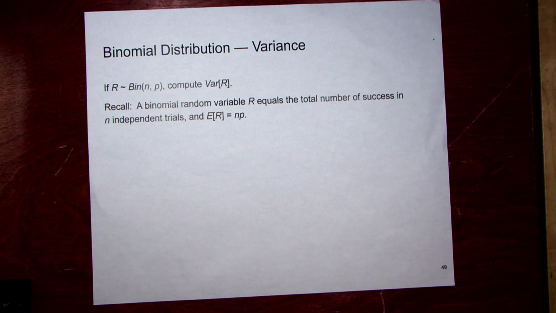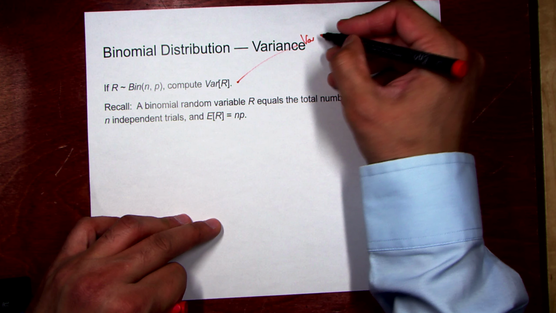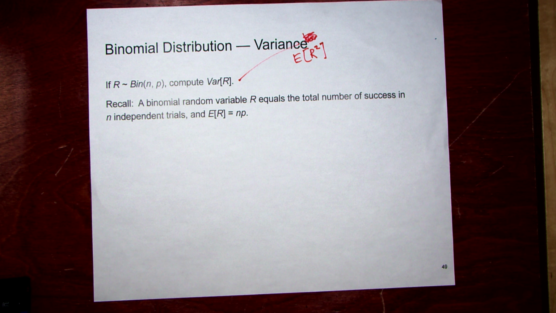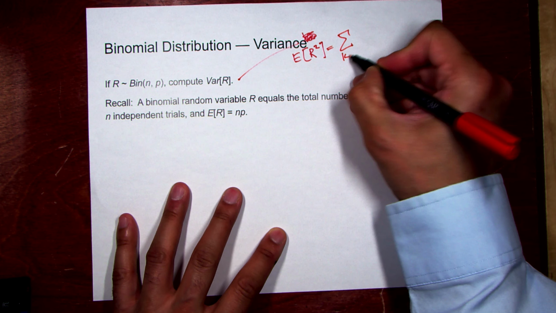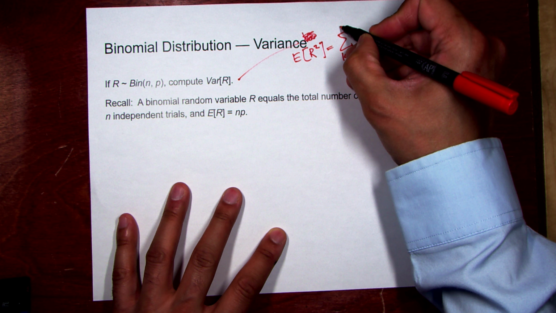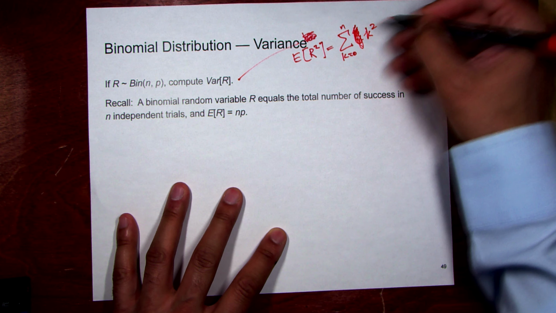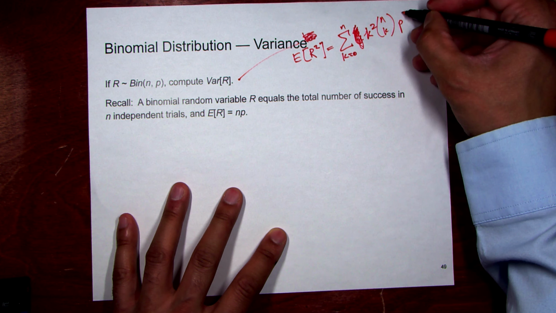Variance would be the expected value of R squared minus the expected value of R, which is np, all squared. And that would be the sum from k equals 0 to n of k squared times n choose k, p to the k and 1 minus p to the n minus k.